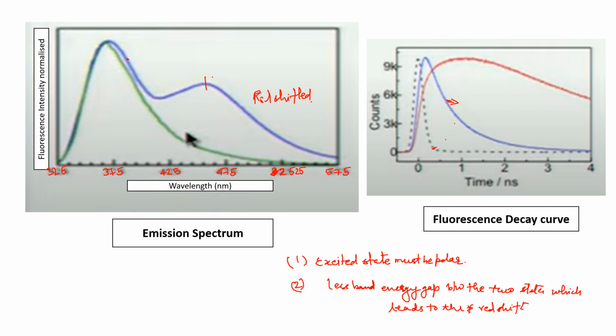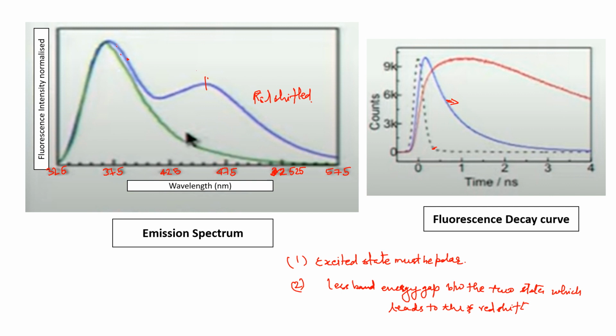Now suppose it is accompanied by any dipolar state, so in that case how will the fluorescence decay occur? This decay is distributed into two groups. Some population will be in this state while the other will be in this state.